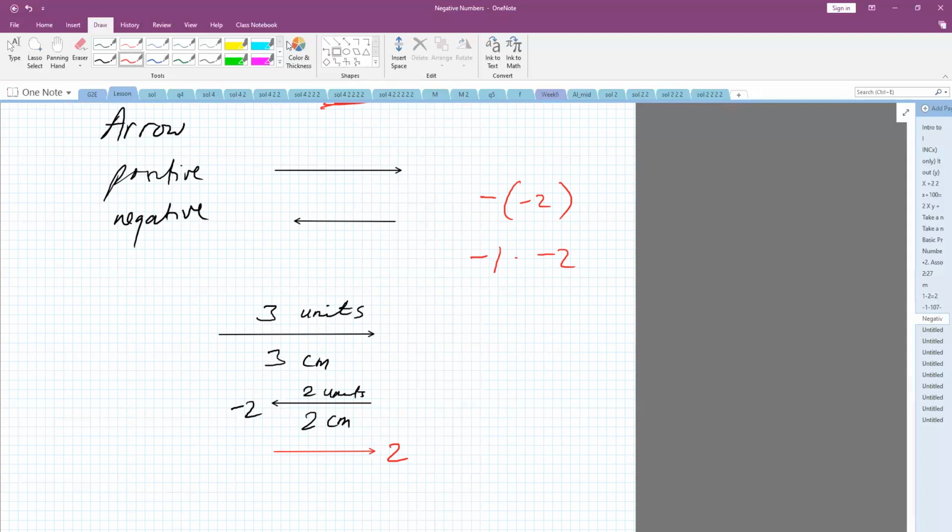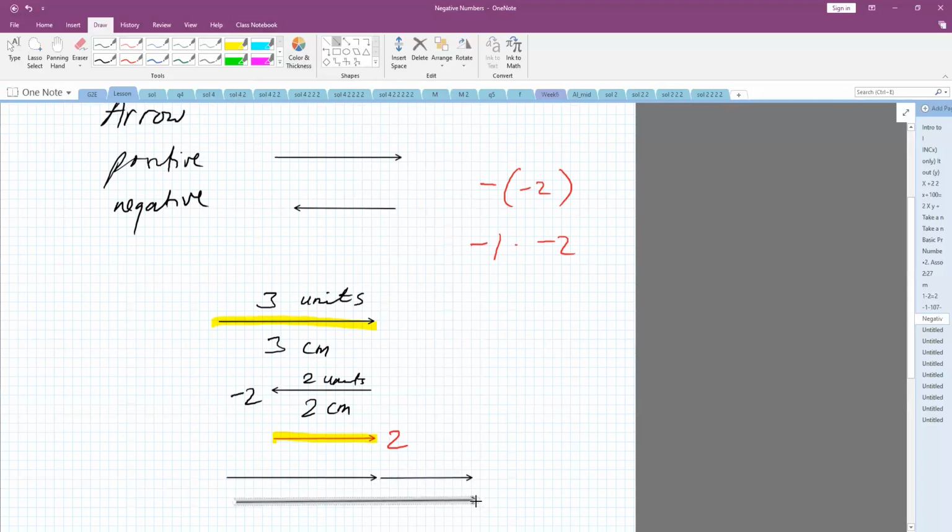So now what you have here is you have 2 arrows pointing to the right. The first one is 3 centimeters, and then the second one is 2 centimeters. So in total, what you have here is you have an arrow pointing to the right, 3 centimeters, and then another arrow pointing to the right, 2 centimeters. And so that in total you have 5 centimeters. Okay.